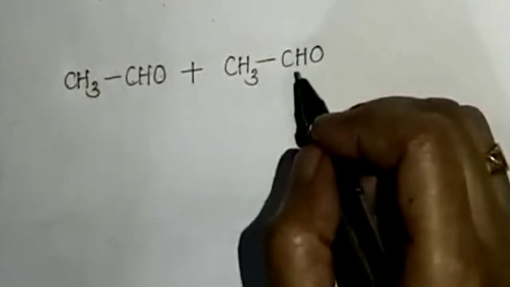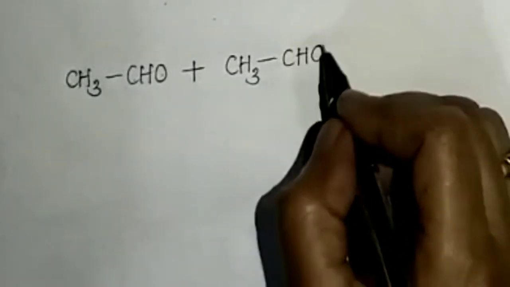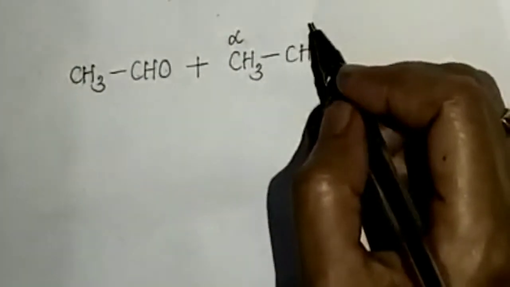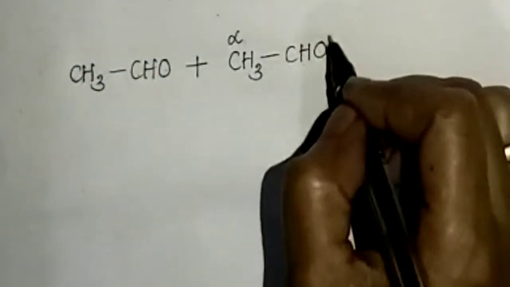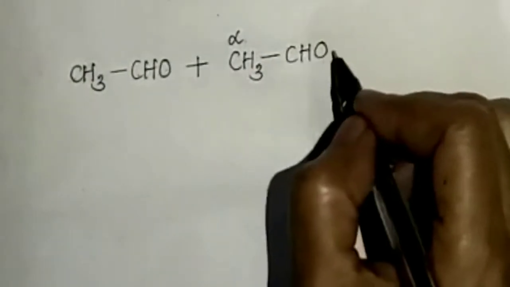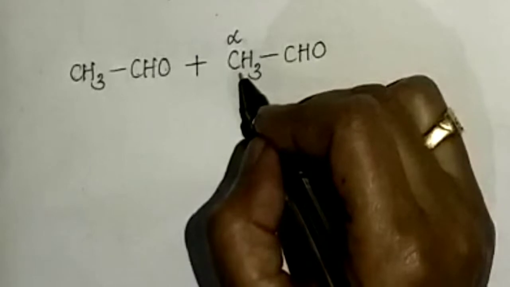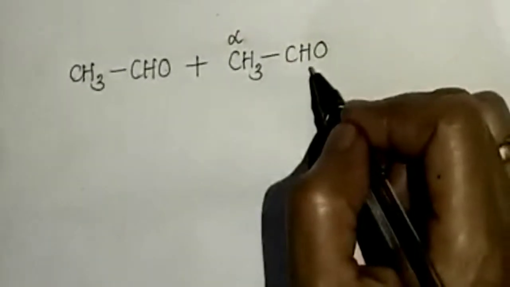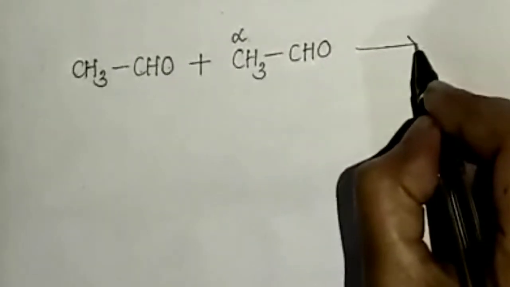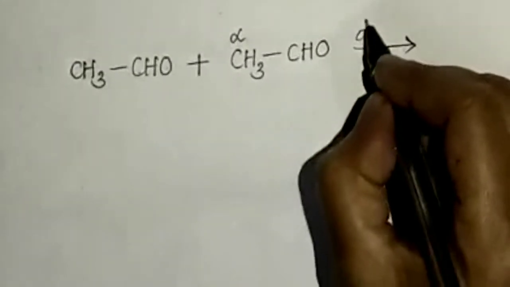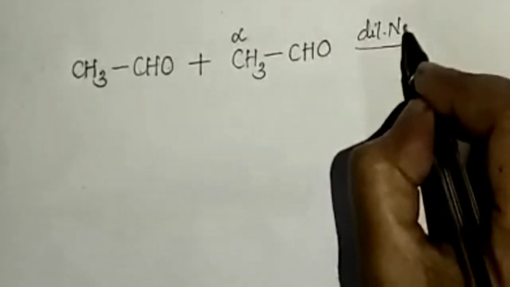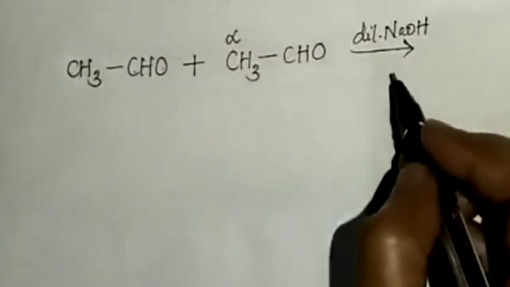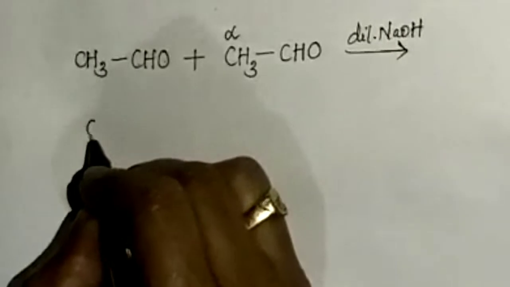This aldehyde group is the functional group CHO. The neighboring carbon atom is known as the alpha carbon. The functional group CHO is not the alpha carbon; the nearest carbon atom attached to the functional group is known as the alpha carbon. In the presence of an alkali, dilute NaOH or KOH, here is how to write this equation.